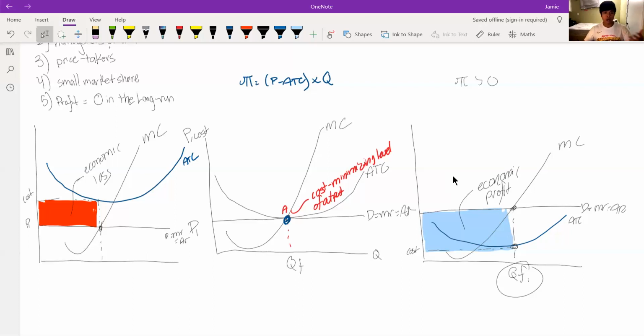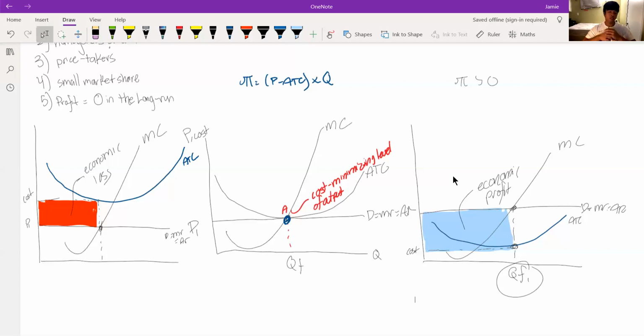And as time keeps going on, as more firms enter, eventually there's going to be a point where that market price is going to be at the minimum average total cost of all firms in the industry. And it is at this point potential firms will stop entering, because if they keep on entering, it will drive down the price below the minimum average total cost, in which case they will be earning negative profit. And so they'll stop where price is equal to the minimum average total cost. And so the current firms in that market are all earning profit equal to zero. And so that is our long run stable equilibrium.